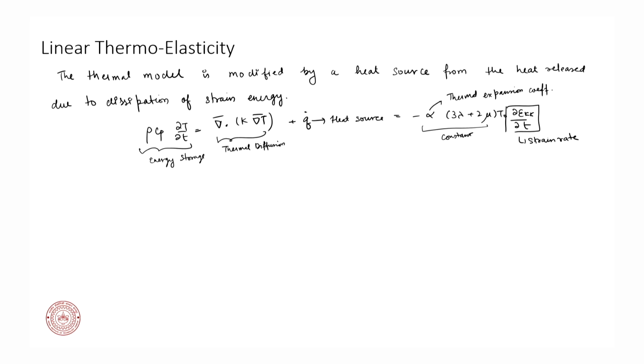Likewise, we can develop a similar model for our mechanical model. So this is our thermal model, then our mechanical model is also driven by temperature, whether the temperature difference in a body.